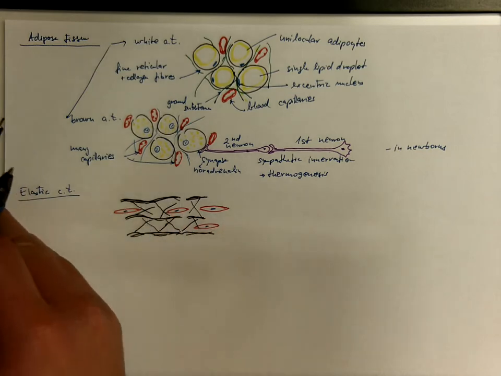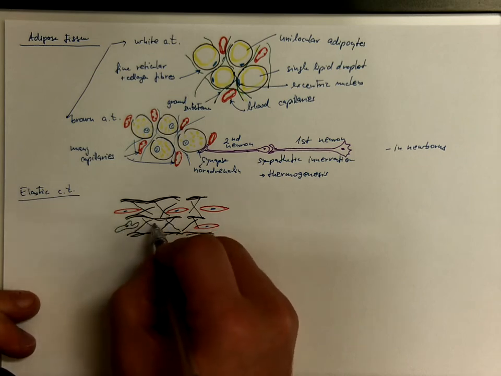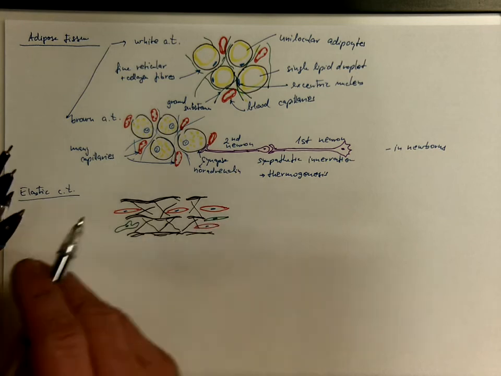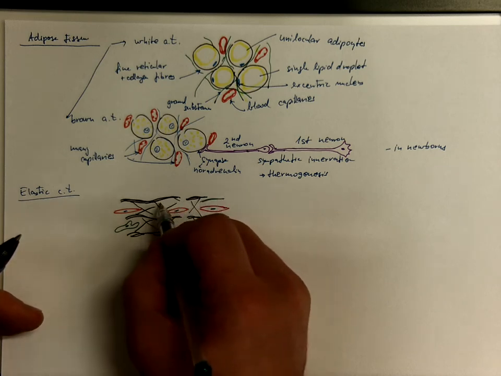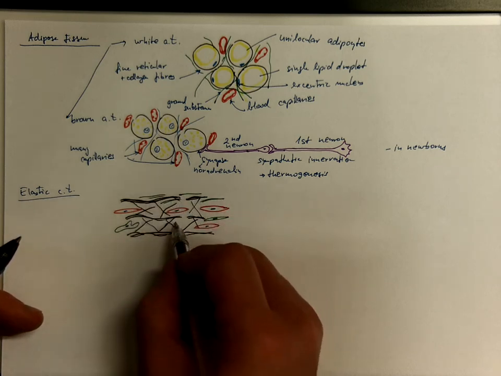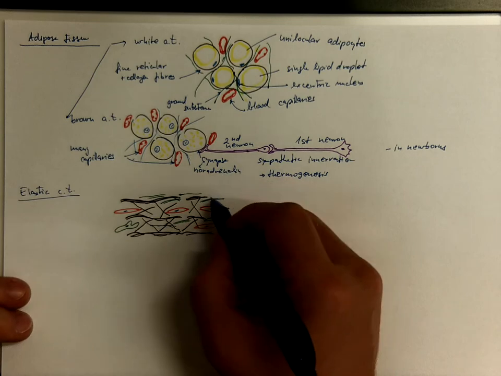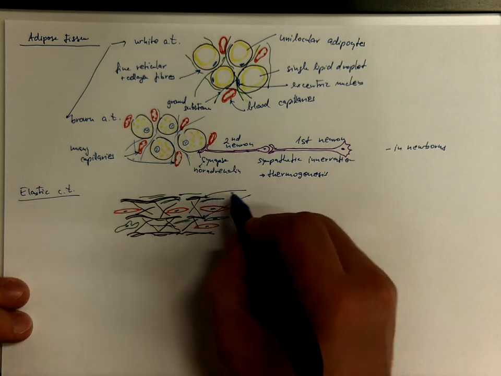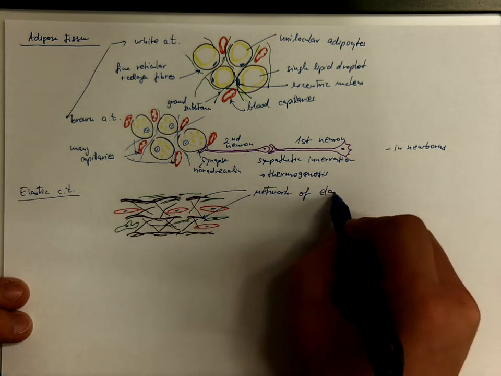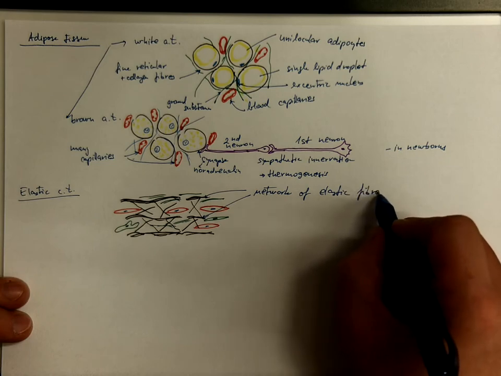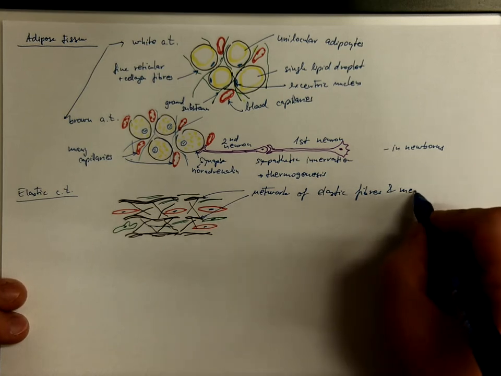They are also fibrocytes, fibroblasts, and there are some amounts of collagen fibers as well, mainly type 3 collagen, and glycosaminoglycans as well. However, what's characteristic here is the network of elastic fibers and whole membranes, which are two-dimensional structures, not just one-dimensional like fibers.